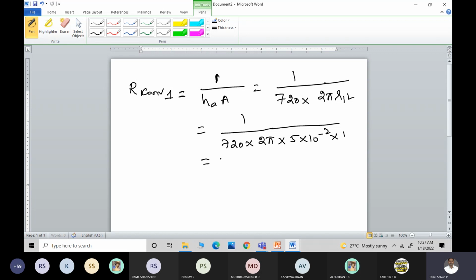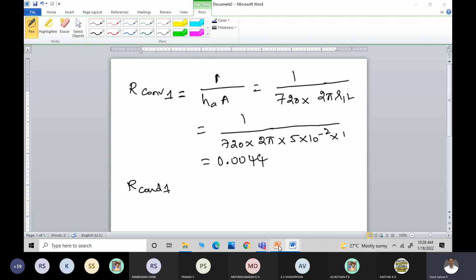So how much it comes, Kelvin by watt? Please solve it faster. If I have a calculator, I might have done it now. 0.004. 0.0044. Unit is Kelvin by watt?